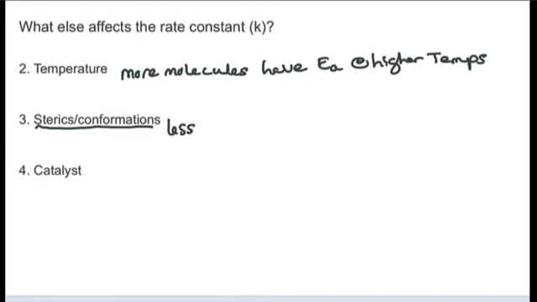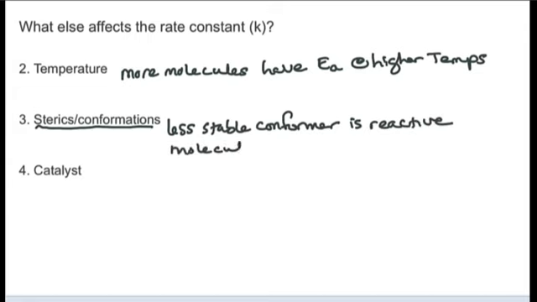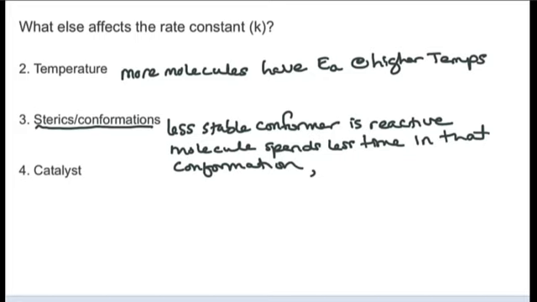Let's think about that. If the less stable conformer is reactive, the molecule spends less time in that conformation. This has the effect of decreasing the rate of the reaction. The reaction will proceed slower.